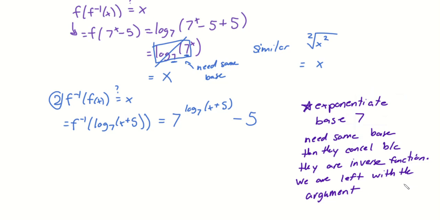So they're going to cancel each other out. We're going to bring down the x plus 5, and we're just left with the argument. So I'm left just with my x plus 5. And I still have my negative 5. So just x. So yes, it's inverse.